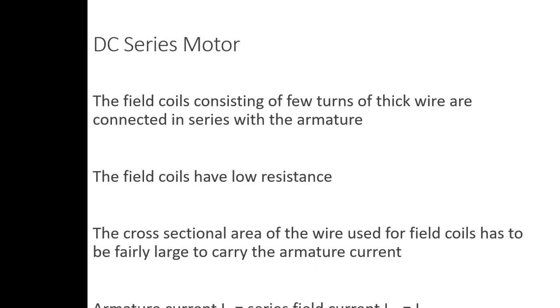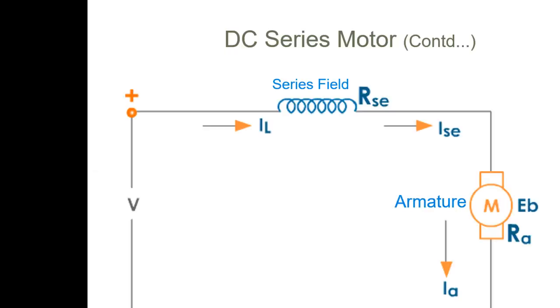The armature current Ia is equal to the series field current Isc, which is also the load current. We will see this in the circuit diagram. So this is the circuit diagram. Here the series field Rsc and the armature Ra, V, and this is the Ia current, the armature current.